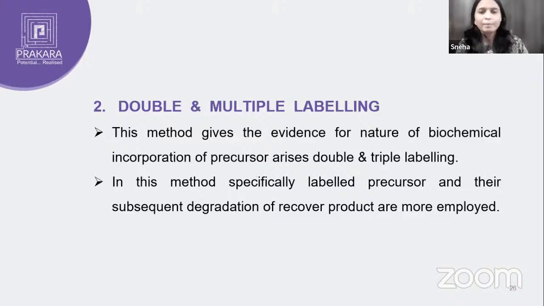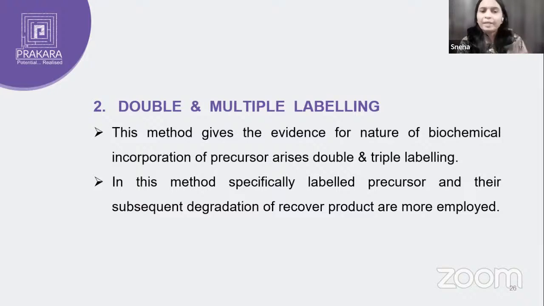The next and most important method is double and multiple labeling. The simple thing is, double and multiple means instead of one, two or three radio labeled compounds we can introduce into the plant. The procedure will be the same. Like an example, any alkaloid will have a nitrogen atom in its structure. That nitrogen atom will enter into the medicinal plant, then it will enter into the biosynthetic pathway and be present in the final product.